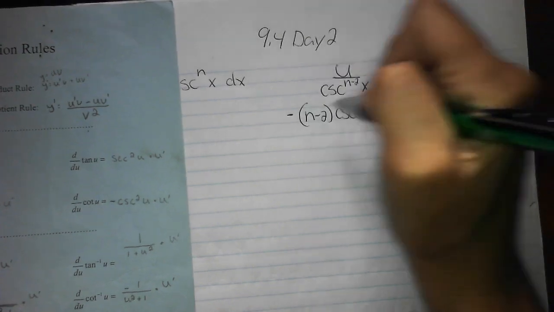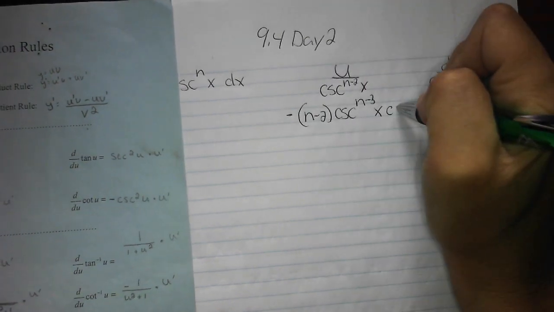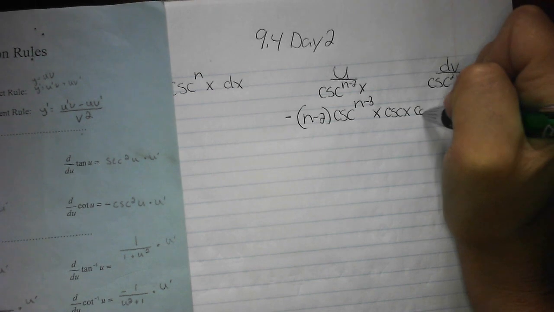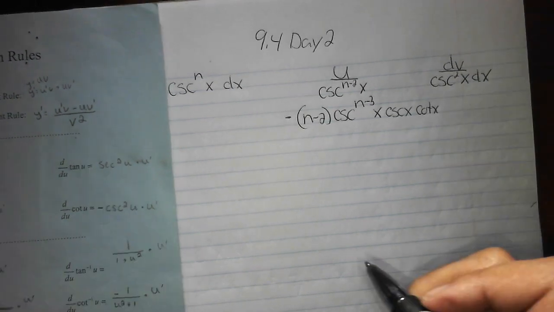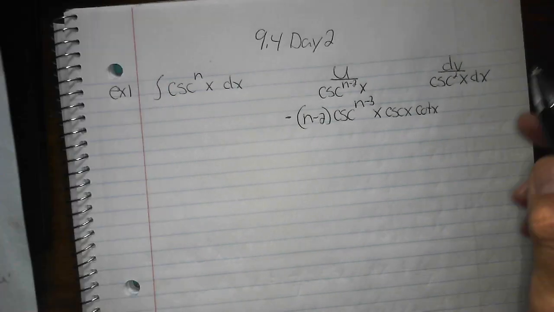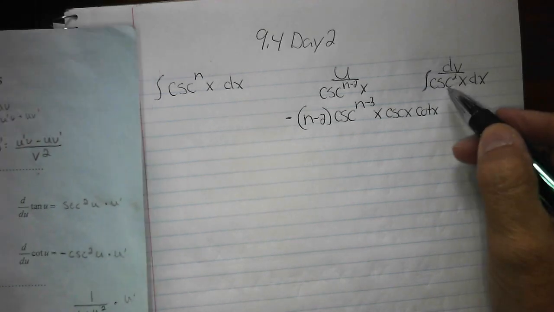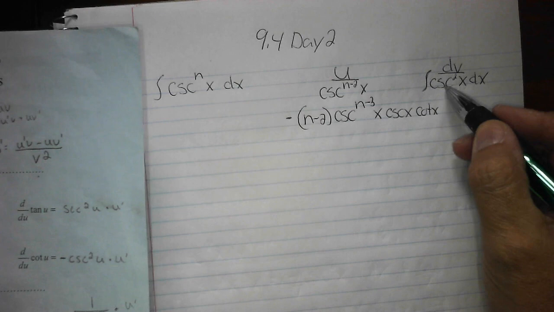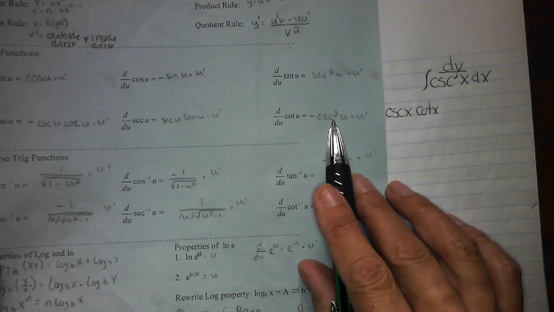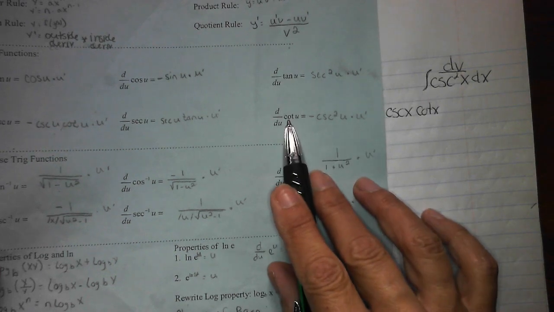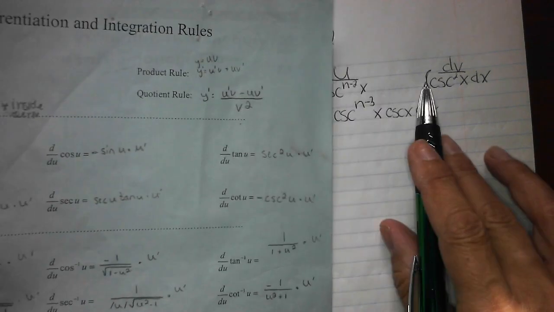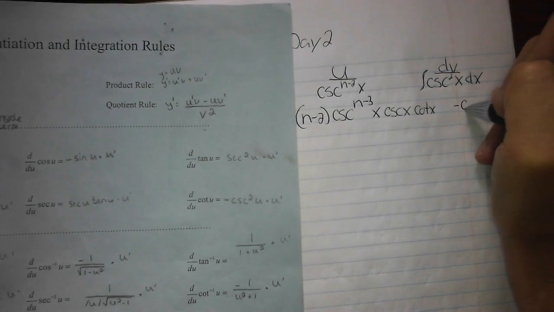So I need a negative cosecant cotangent. Over here, we're going to do the antiderivative. So we ask ourselves, what has cosecant squared as its derivative? Negative cosecant squared is the derivative of cotangent, so we just need to throw on the negative. So it's going to be negative cotangent.